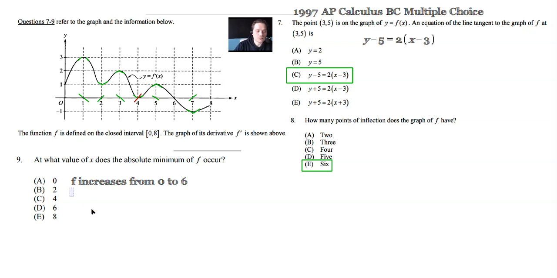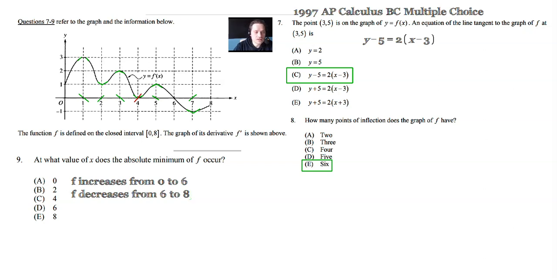Going by the graph, you can also tell that f decreases from 6 to 8, because f prime is negative there. However, clearly the decrease from 6 to 8 is way smaller than the increase from 0 to 6, because from 0 to 6 there's a lot more area than there is negative area from 6 to 8.